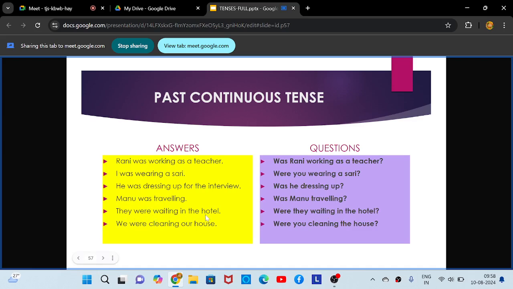Yes, they were waiting in the hotel. Were you cleaning the house? We were cleaning our house, or we were cleaning the house. So here was or were comes first, then subject plus V1 plus ing plus object comes. Any question that begins with was or were expresses past continuous tense.